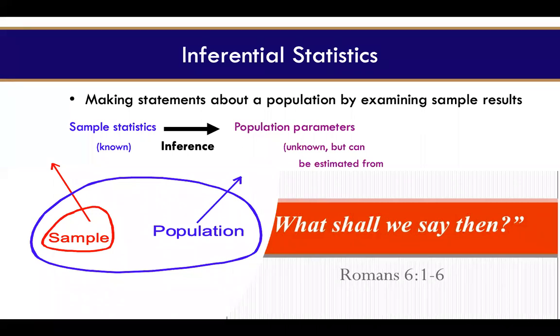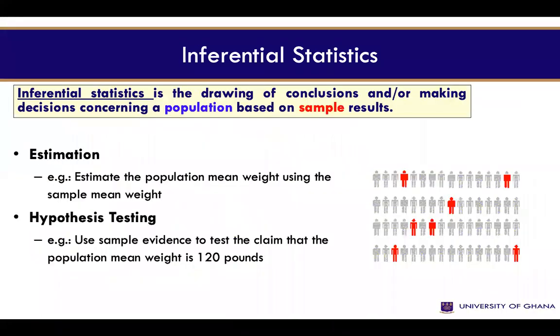So inferential statistics allows us to make deductions, conclusions and statements about the population by examining the results of the sample. So by definition, you draw conclusions and make decisions about the population based on the sample results.